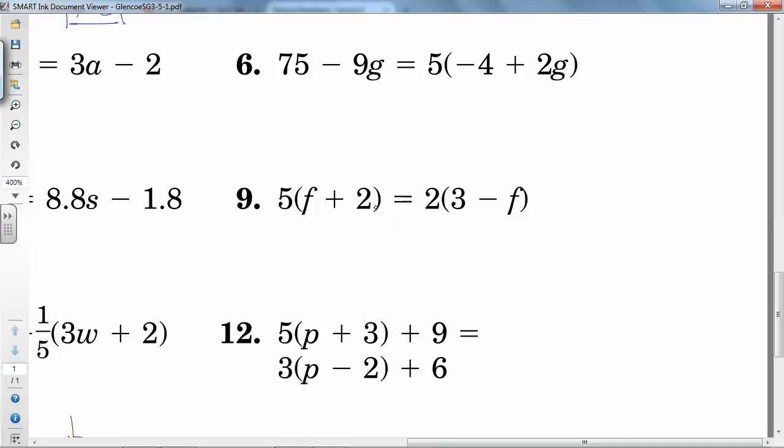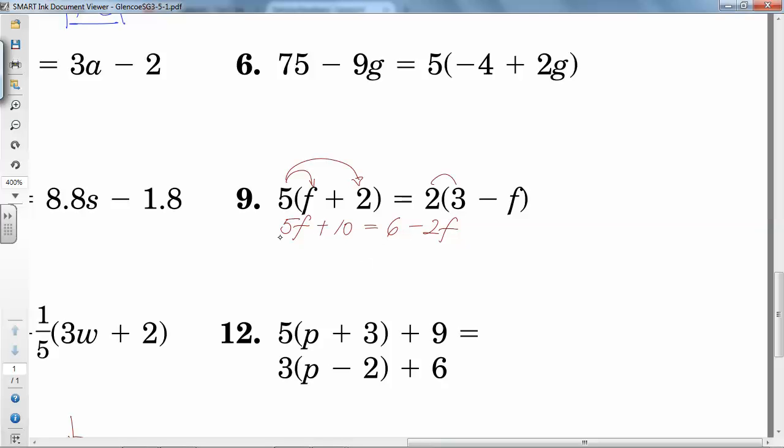5 times (f plus 2) equals 2 times (3 minus f). First thing, you use the distributive property and multiply everything that's outside to the inside of the parenthesis. I got 5 times f, 5f, plus 5 times 2, 10, equals 2 times 3, 6, minus 2 times f, 2f.